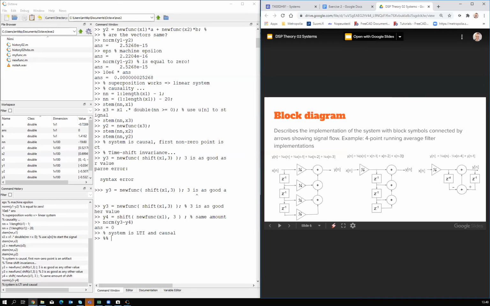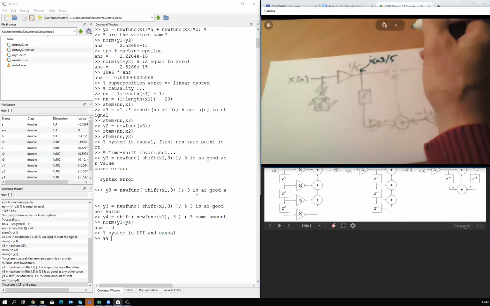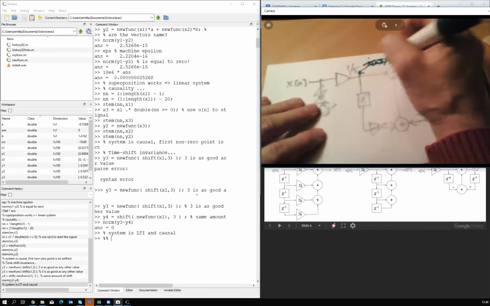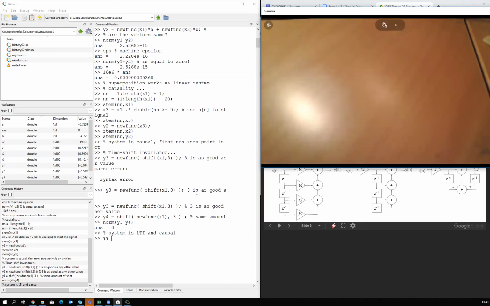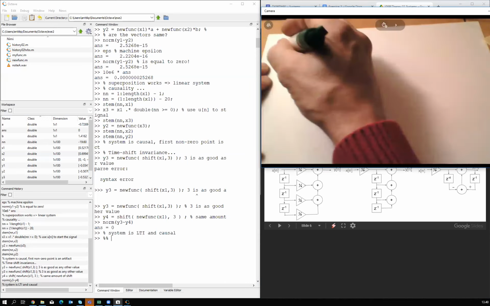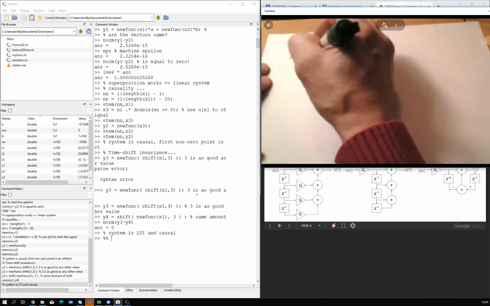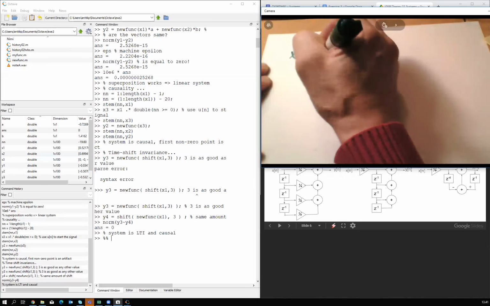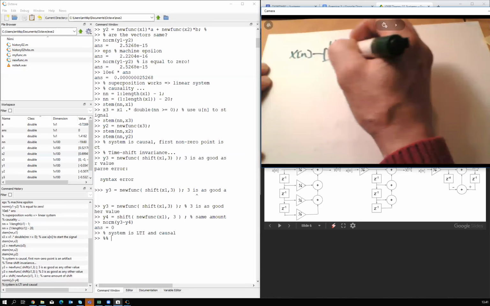Oops, sorry, no camera. There. So, yeah, that was a big mess. X of n multiplied by 1 over 5.